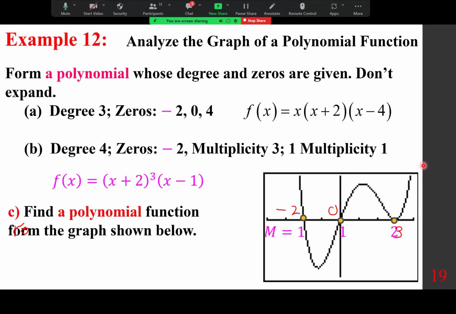So multiplicity is 1 here, 2 here. Now it's clean. You can see f of x is x times x plus 2, and then x minus 3 has a multiplicity 2.